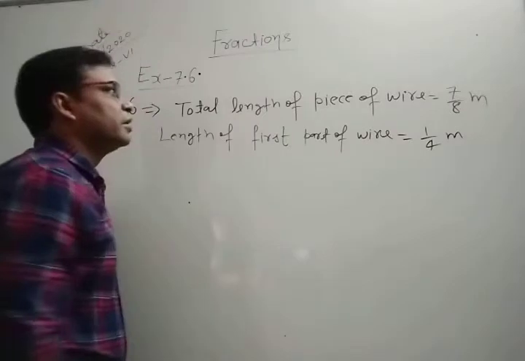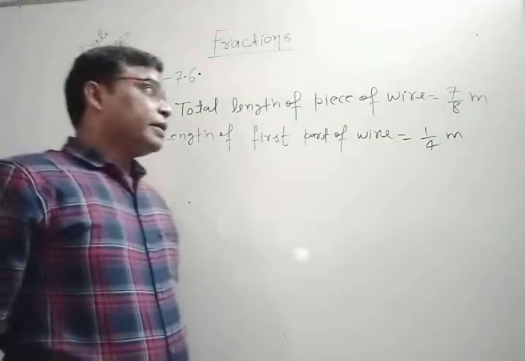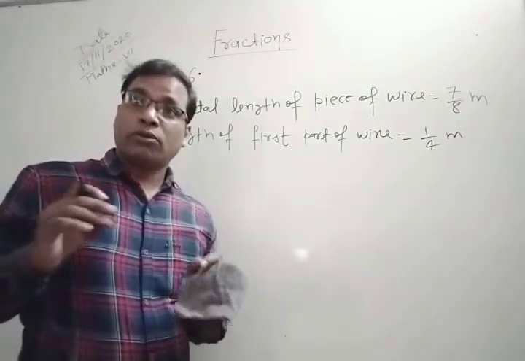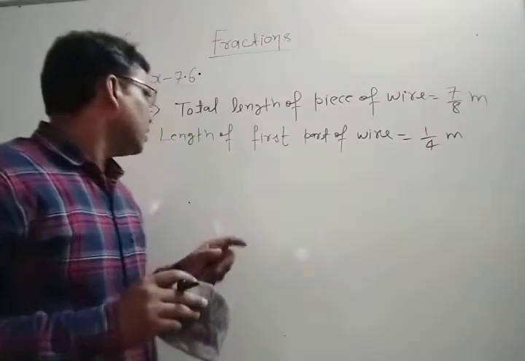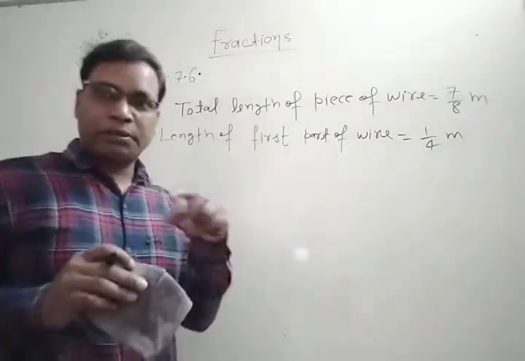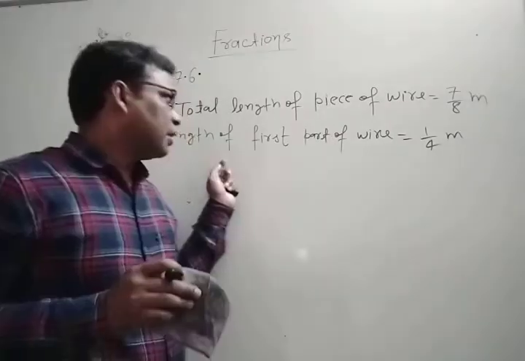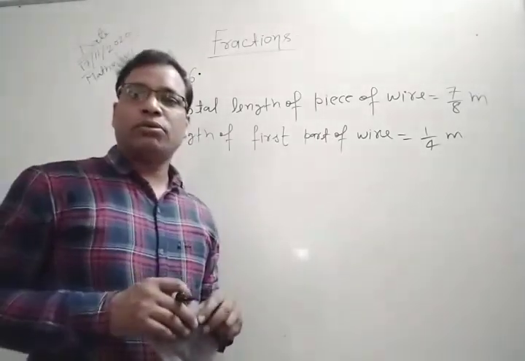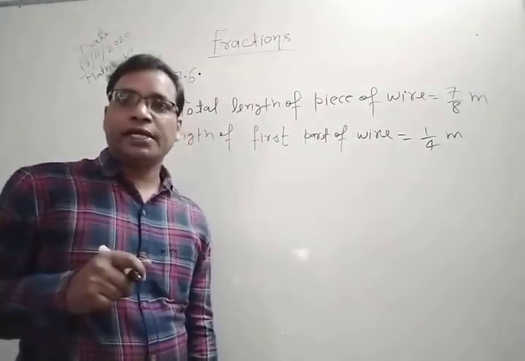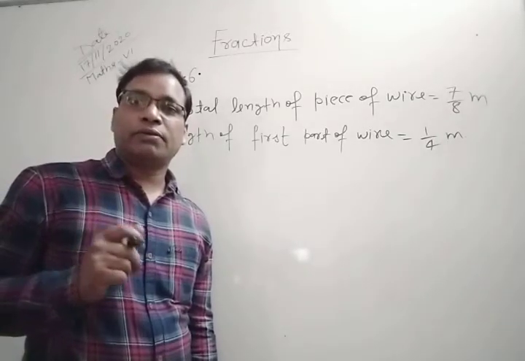This is given. The total length of the piece of wire is 7/8 meters. It broke into two parts, so we write the length of the first part of wire. After breaking it into two parts, the length of the first part is given as 1/4 meters, and we need to find the length of the second part of wire.